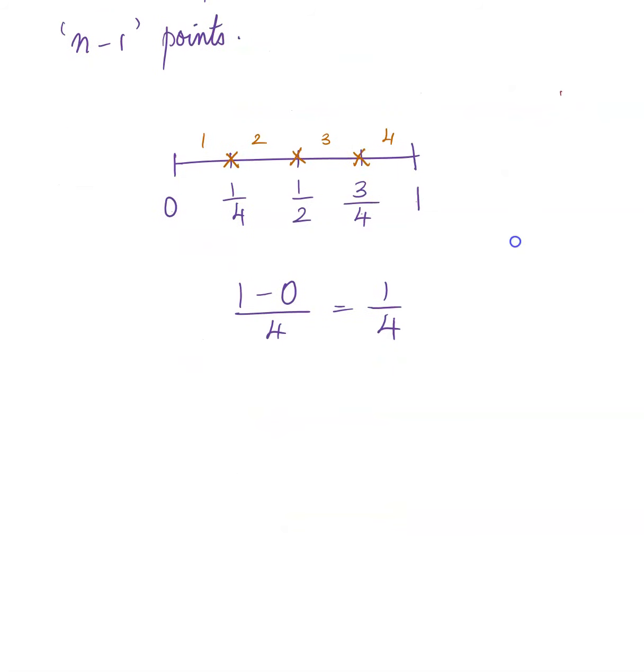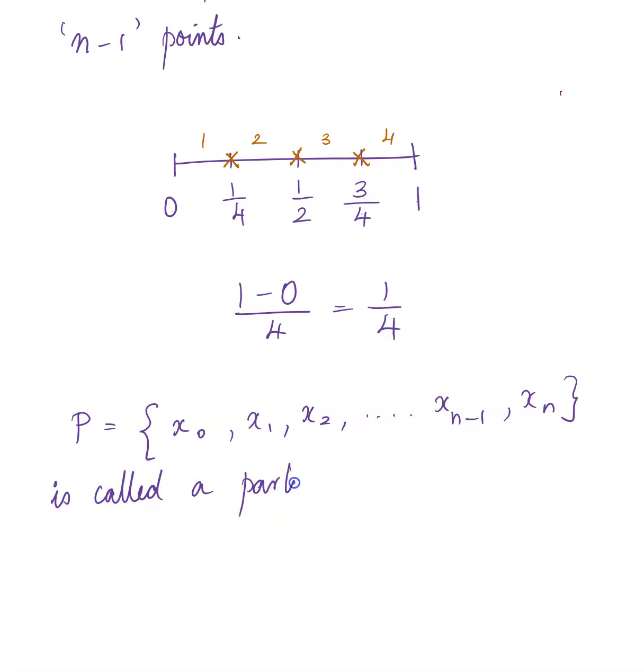Okay. All right, now we have partitions, and we can call P x0, x1, x2, etc., up to x n minus 1, and xn is called a partition of AB.